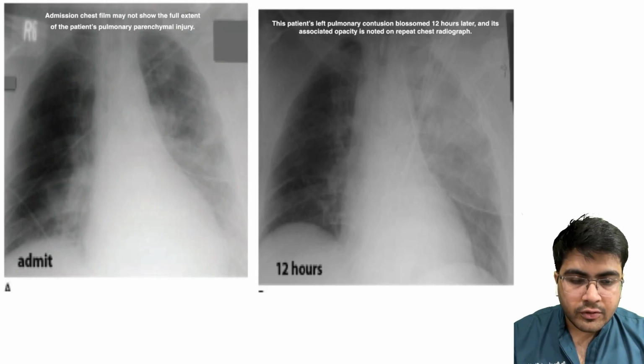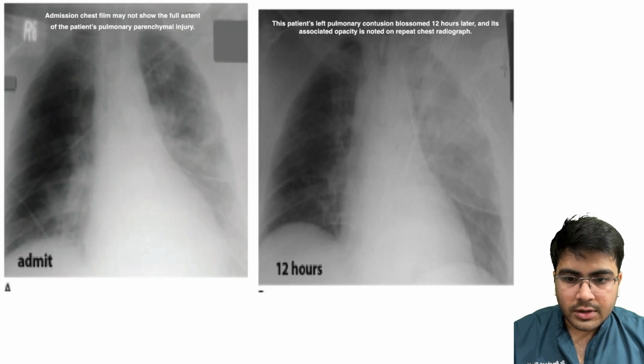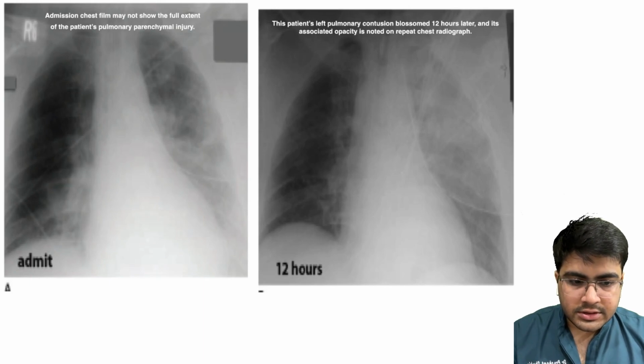To know the full extent of the pulmonary contusion, you need to get a CT done, as soon as possible. These are the findings in a patient with pulmonary contusion.